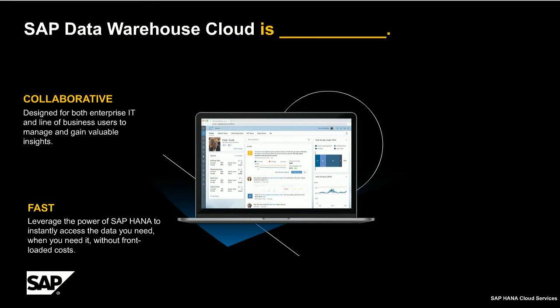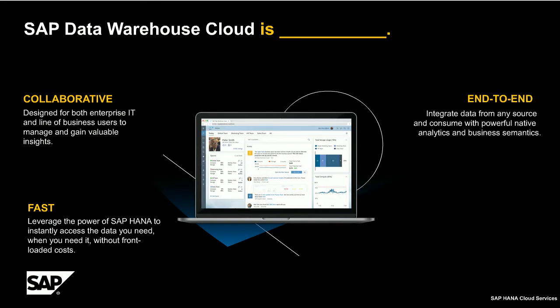Secondly, we're really proud of our database SAP HANA, which gives Data Warehouse Cloud a fast database that allows us to run analytics on big data loads, and at the same time it's SAP HANA in the cloud, so it's directly available if you subscribe to Data Warehouse Cloud.